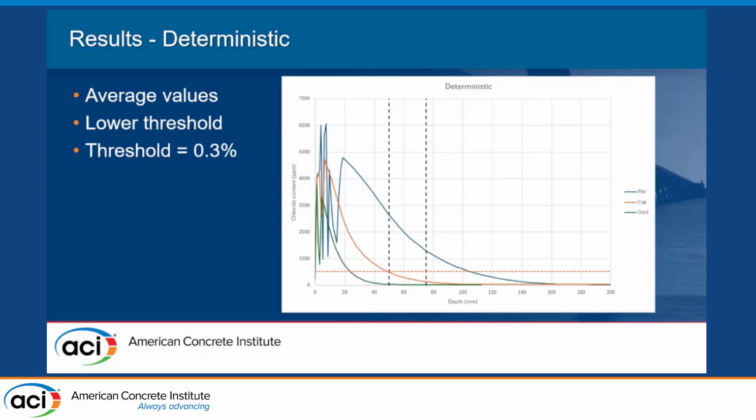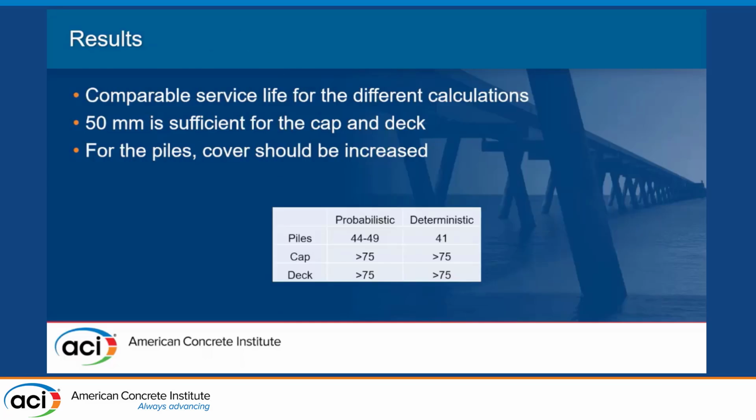So I can see exactly where I'm crossing the intersection here and at which age I have that same curve. So that's how these results were found. It's 44 to 49 years for the probabilistic calculation, so I would have a service life around that. If I use a deterministic approach, I would have 41. So that's not much different. I think it's of the same order.